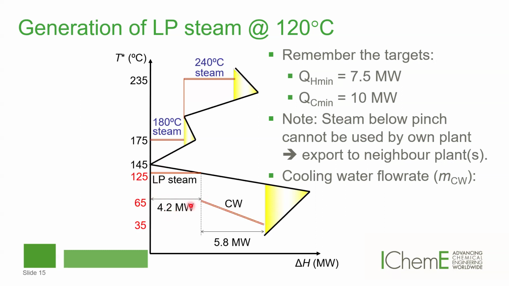And then the rest of the energy will be removed by the cooling water, at the supply and target temperature. So we make a steep line right here. That means we need to remove 5.8. So 10 minus 4.2, that means 5.8 must be removed by cooling water.